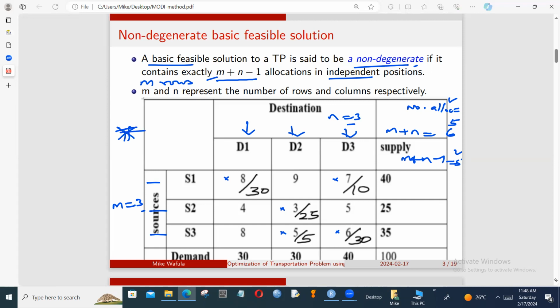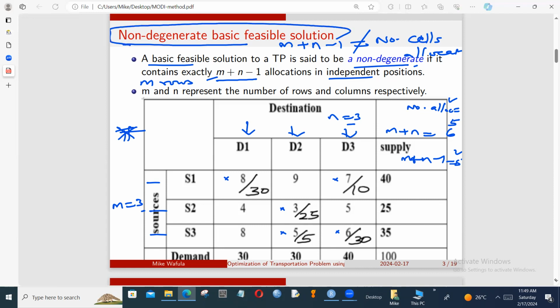In the event that we don't have that equality holding, where m plus n minus 1 is not equal to the number of cells allocated, that is when we say that the solution is degenerate. For us to solve a transportation problem, we shall always be seeking to work with non-degenerate basic feasible solutions.